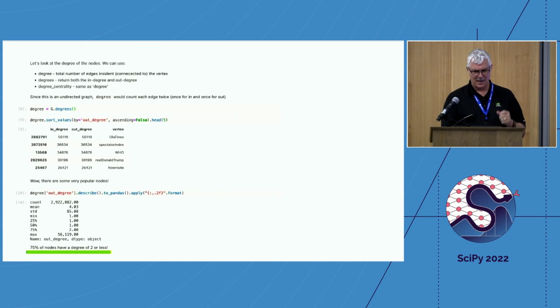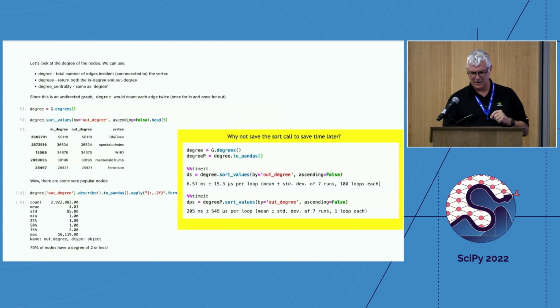And the way I'm going to dive into answering that problem, well, just a quick note here that when I'm doing my sorting, sorting is fast, so I don't always save the results of my sort. If it only takes 6 milliseconds to sort, I'll just be lazy and resort every time I need it.